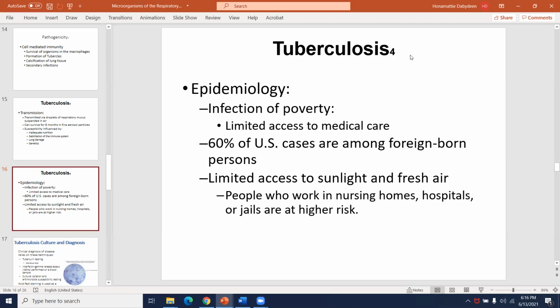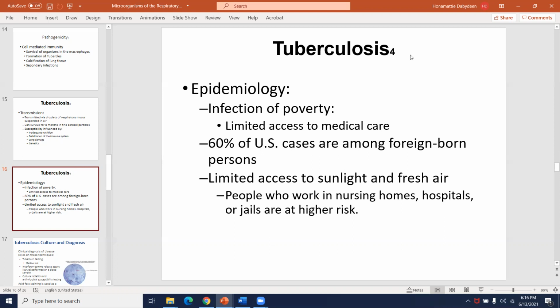And so even if they have the disease, it's very difficult for them to contain the disease then. A lot of these people live in crowded surroundings. And so they can spread the disease very easily from one individual to the next. So some risk factors: inadequate nutrition, limited access to medical care, like I said, a depressed immune system, limited access to sunlight and fresh air.